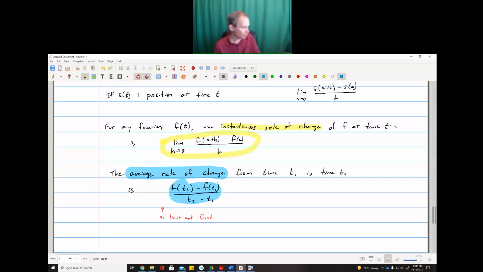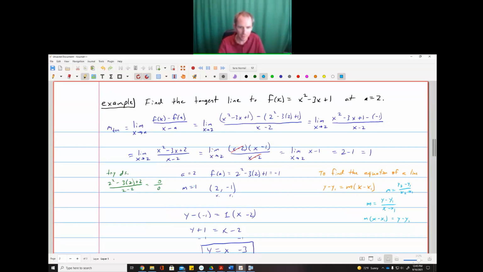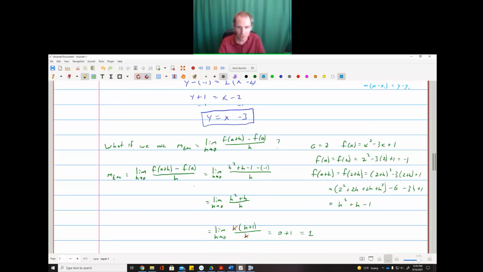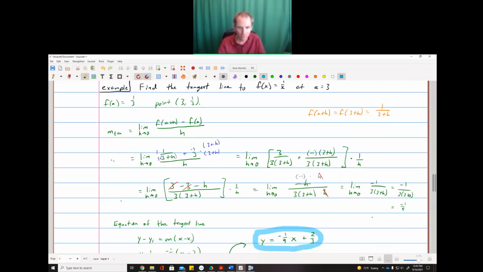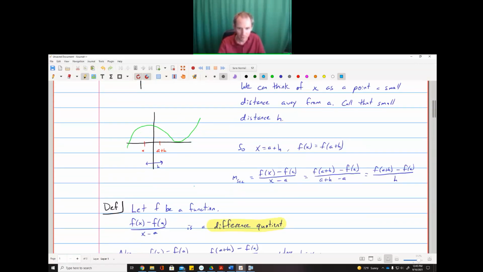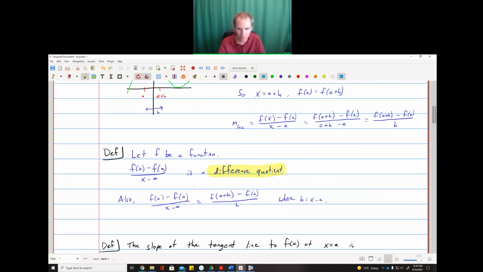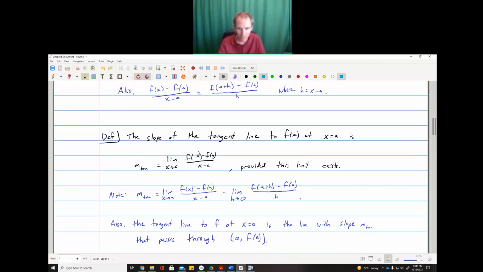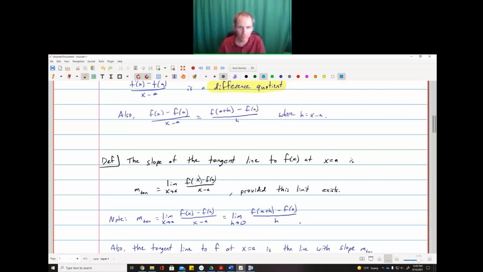Now, it's helpful to have a way to refer to that, right? So back at the beginning, when we were talking about tangent lines, when we defined it, we said this is a difference quotient. And then we said, when we throw that limit out front, we get the slope of the tangent line.